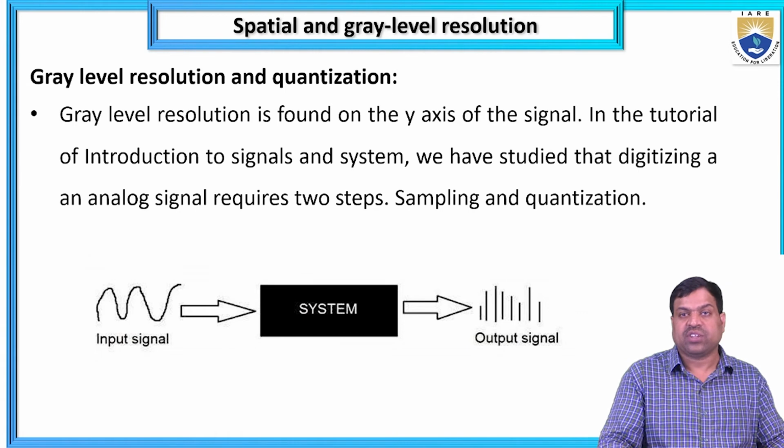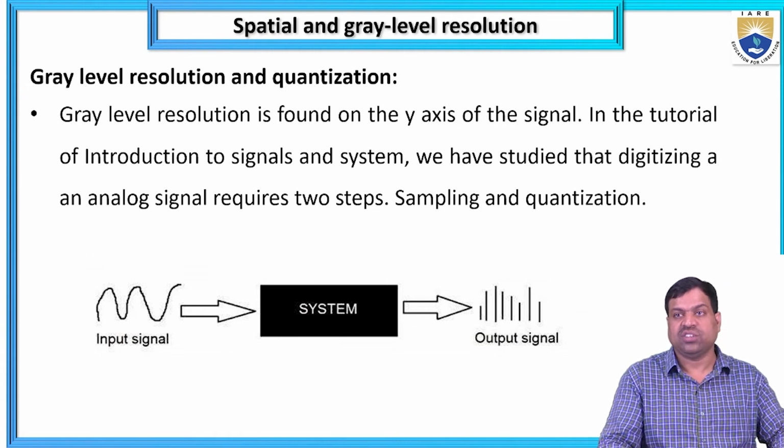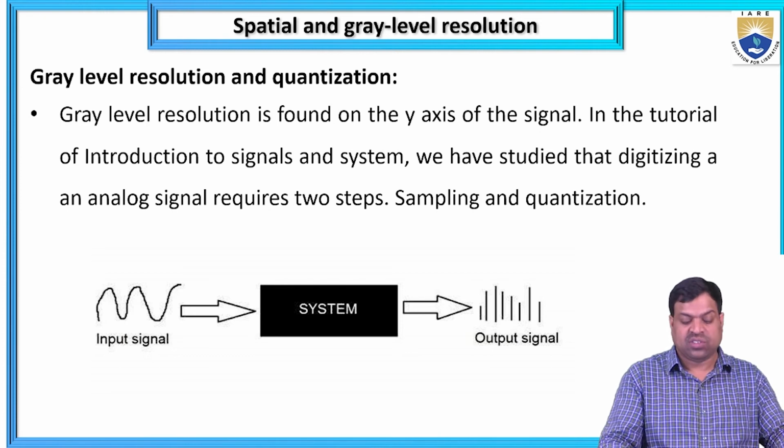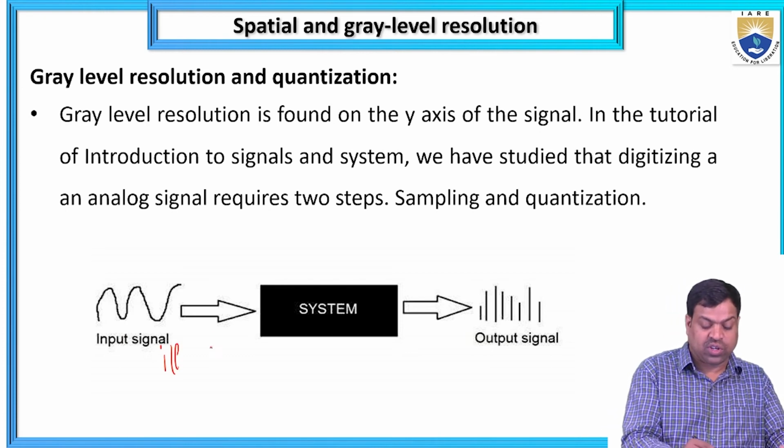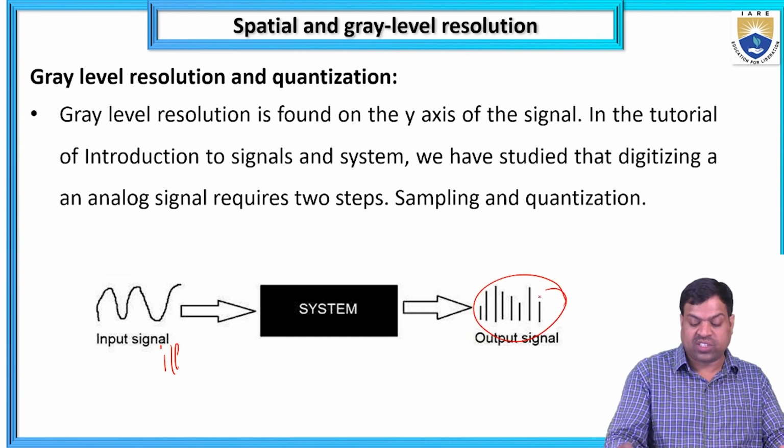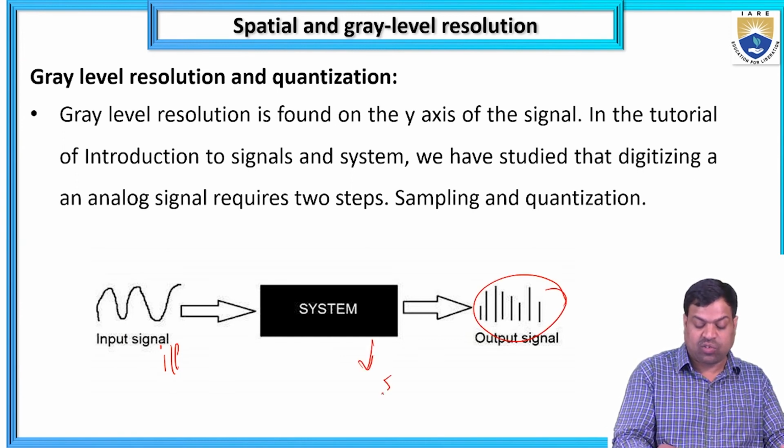Gray level resolution is found on the y-axis of the signal, that is the quantization. The x-axis is the sampling. So here I am taking the input signal, a continuous wave converted to a discrete system with sampling and quantization.